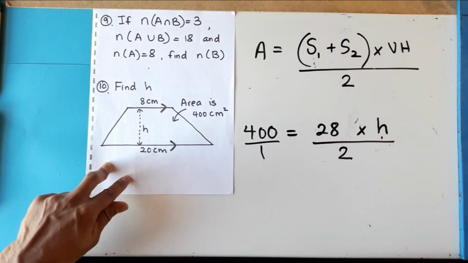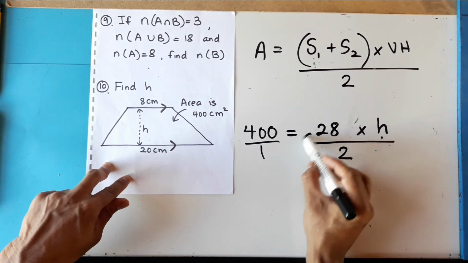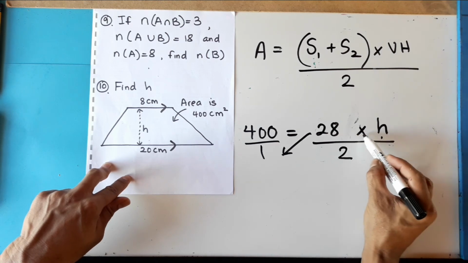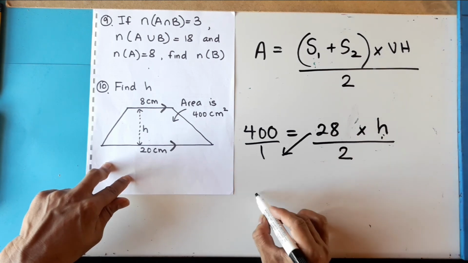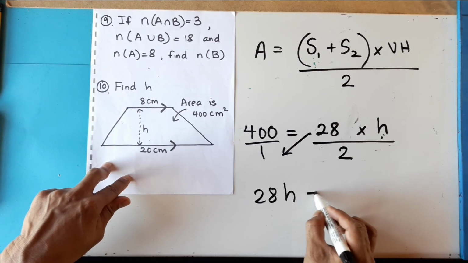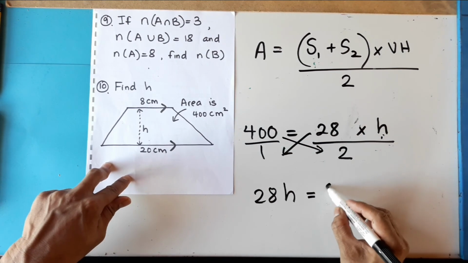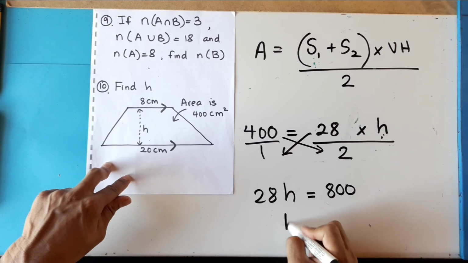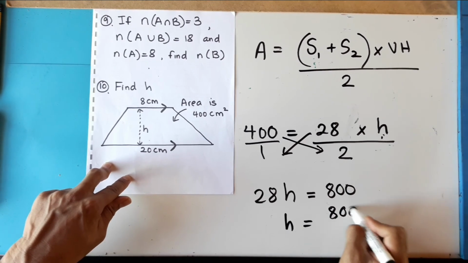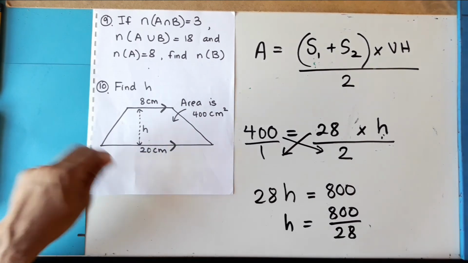This is the same thing as 400 over 1. Let's cross multiply. 28 by h multiplied by 1 is just 28h, because anything multiplied by 1 is itself, and 400 by 2 is 800. h is 800 divided by 28.